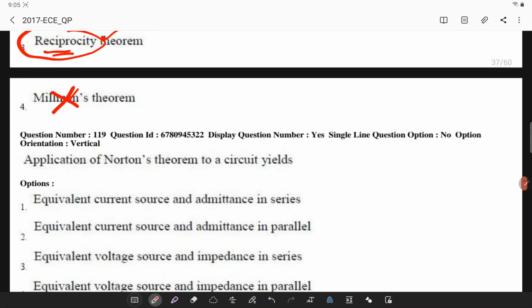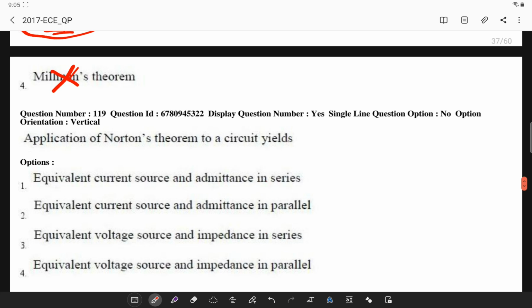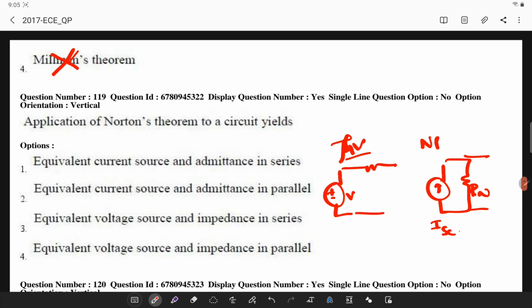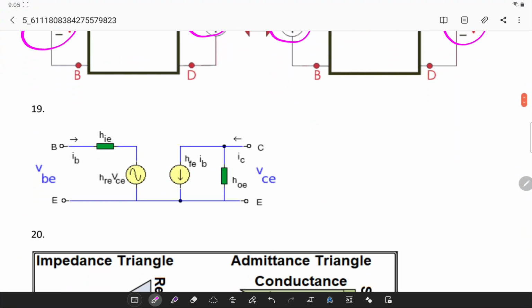Next, the application of Norton's theorem to a circuit yields. The student has to remember first of all what Thevenin's and Norton's theorems are. Any circuit can be replaced by a voltage source and a Thevenin's resistance, and any circuit can be replaced by a current source and R Norton. This question is basically related to the transistor.